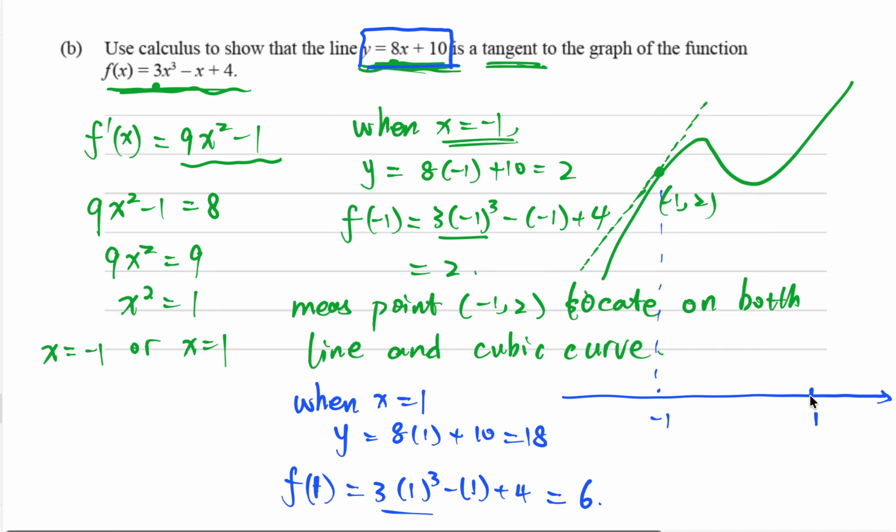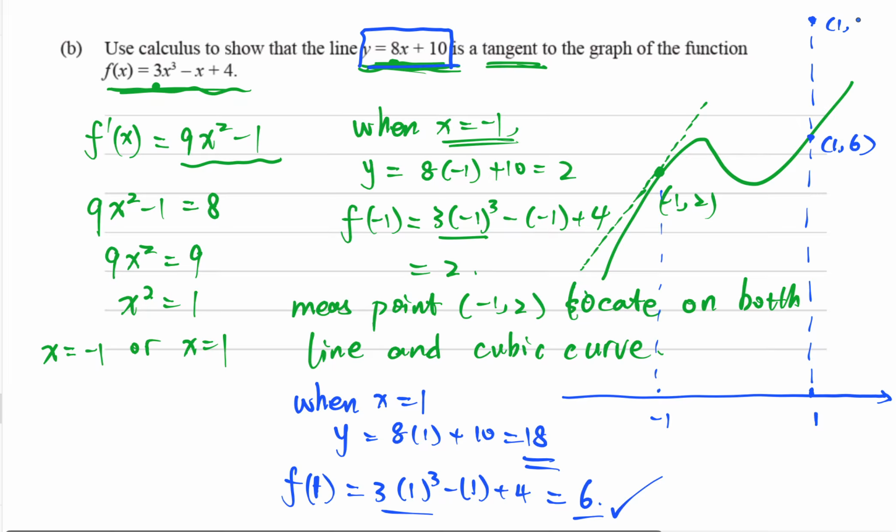For the other one, let x equals 1. There is a point on the curve, and it's 1, 6. But the line y equals 8x plus 10 goes through another point, not 1, 6. It's 1, 18, so it's up somewhere here.